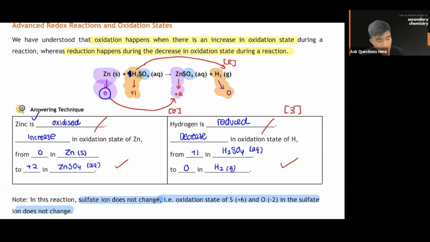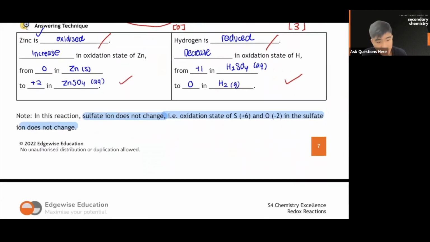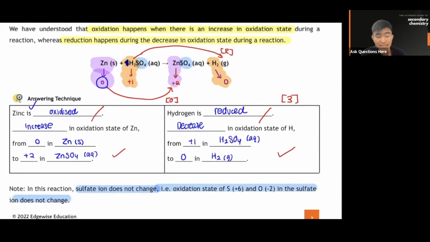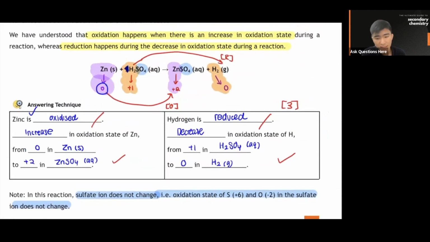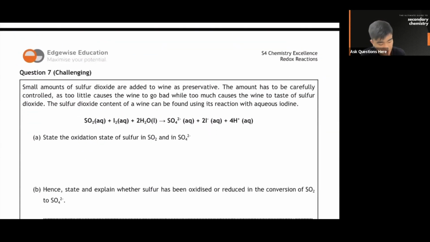So if you're done with this, I'm going to give you a while to try out the next question, which is question number 7. It is a little bit of a challenging question for those of us who have just started learning this chapter. So if you're all good with this, let's take a look at question number 7. I'm going to give you some time to do this question first.